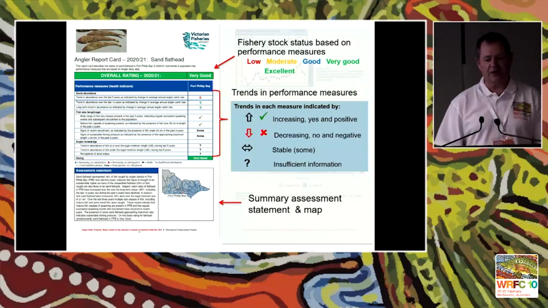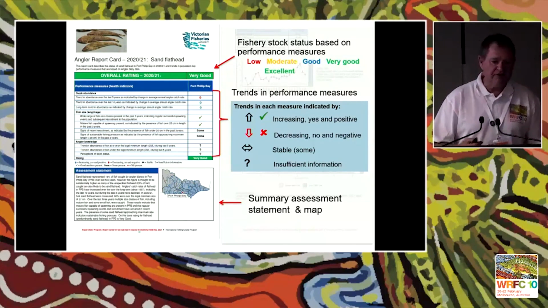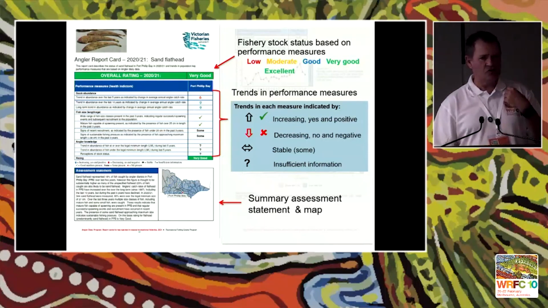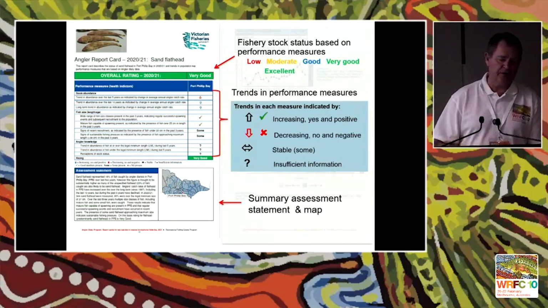In this case, we started to use arrows and ticks. So an arrow up and a tick basically indicated that the trend or the measure was increasing, or it was positive and it was good, whereas opposite to that was an arrow down or a cross or decreasing. If we had what we thought was a stable trend, then we used a stable indicator.